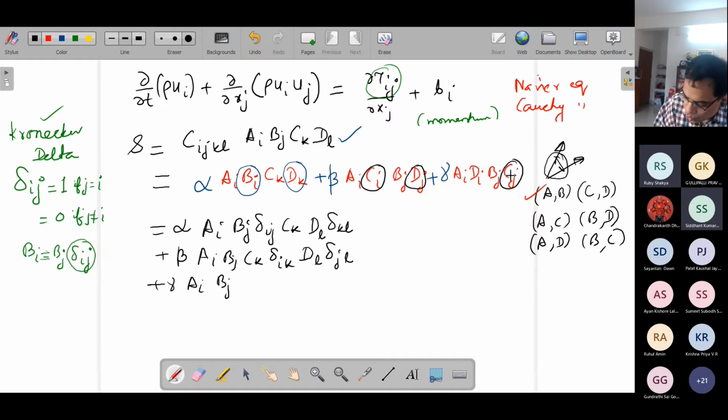Now Cj is Ck delta Jk, and Di is DL delta IL.